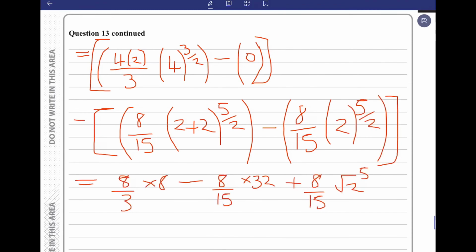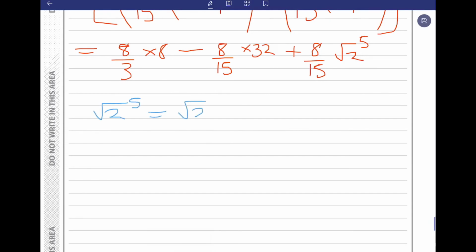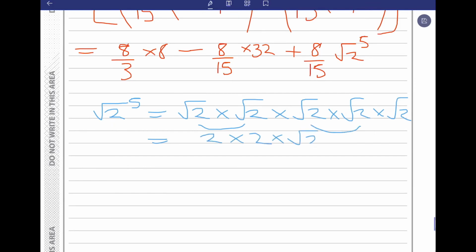Now let's just stop a minute there and we can note that, so root 2 to the 5, I'm just going to write it out long way, just so we can see what's going on. Root 2 times root 2, is that 5? Yep. So anytime there's two root 2's next to each other, we can make a 2. So we've got 2 times root 2, which equals 4 root 2.